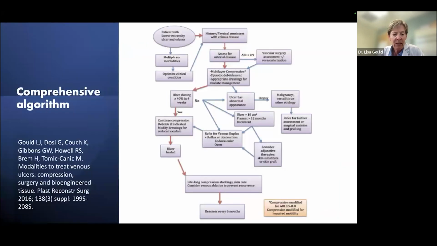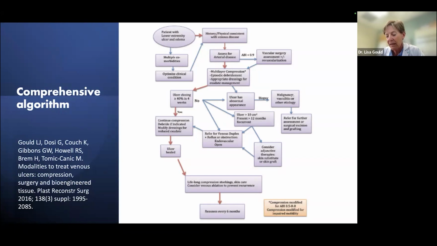A while ago, 2016, I helped publish this article about a comprehensive algorithm for venous insufficiency. And the point is, you can work your way through, especially assessing for arterial disease and using the multi-layer compression. If the ulcer is healing greater than 40% in 4 weeks, you're on the right track and you just continue what you're doing.